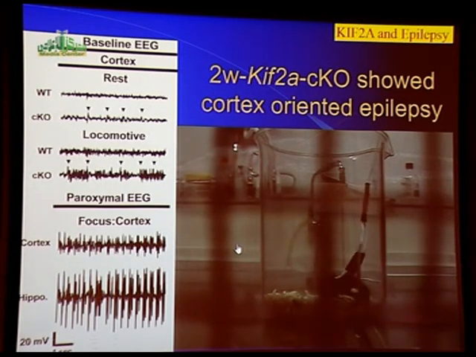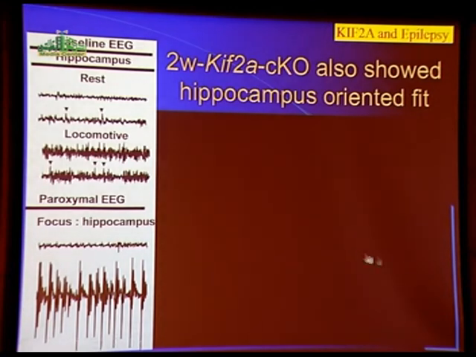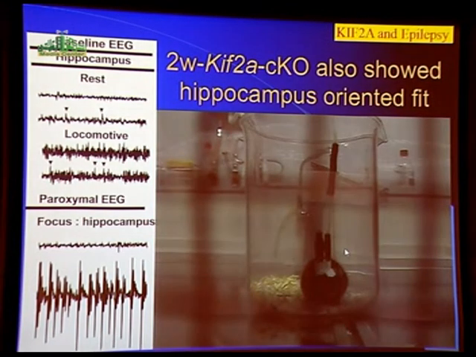electroencephalogram by this process. Okay, and we found also in hippocampus the seizure is originating. You can see here.